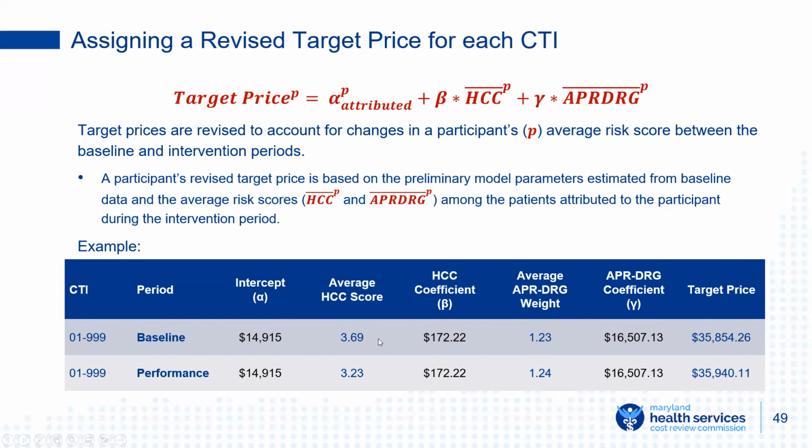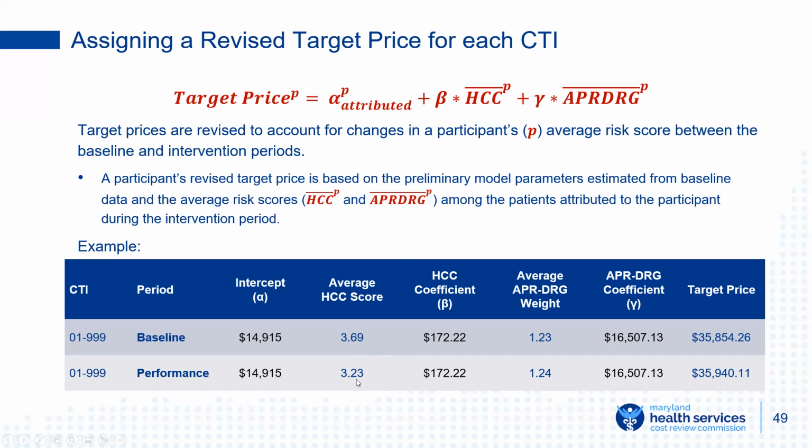In the performance period, for the average HCC, we adjust for changes in the risk scores of the attributed beneficiaries between the two periods by using an updated HCC score. These are prospective HCC scores that are calculated with the prior 365 days of claims data.